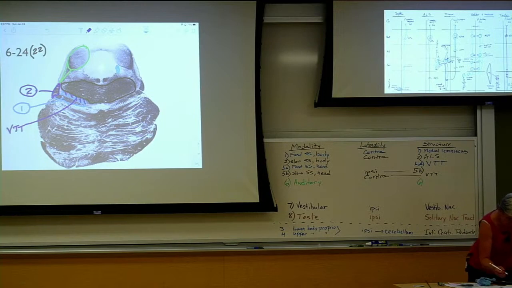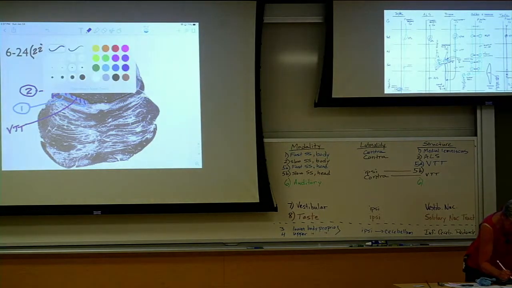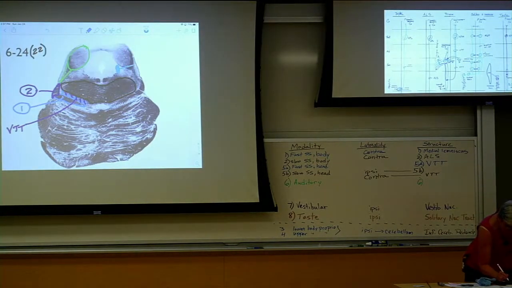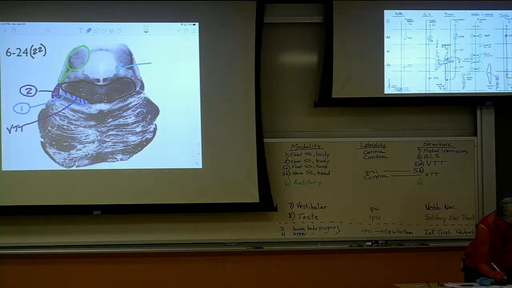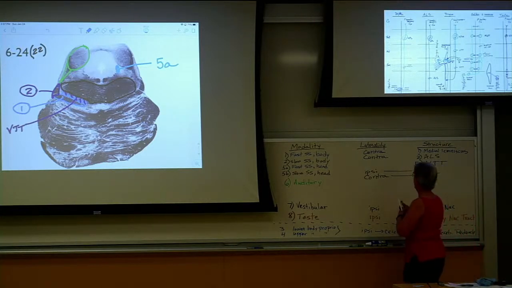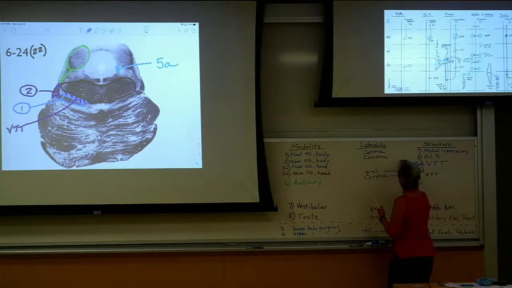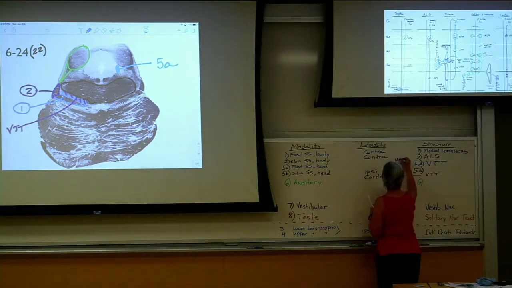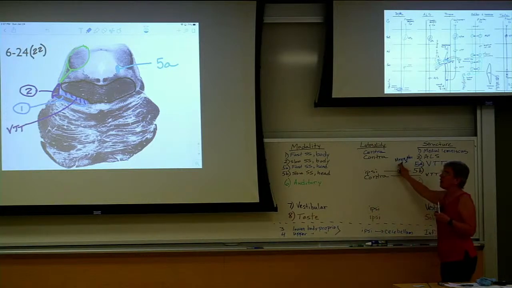Okay, we do, however, have our mesencephalic nucleus of 5. I didn't leave myself enough room, we're just going to squeeze it in here. Mesencephalic nucleus of the trigeminal system. Remember, these are our oddballs.